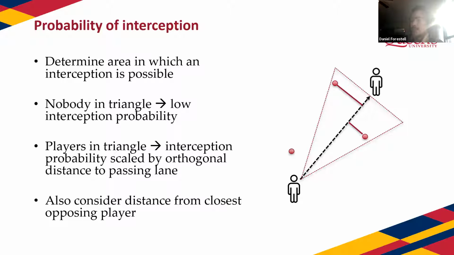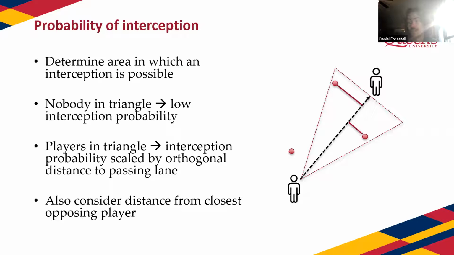And basically said, if there's somebody in that triangle, there's a chance the pass will get picked off. If there's nobody in the triangle, it should be pretty likely that the pass is successful, other than human error on the part of the passer or the receiver. And that was accounted for slightly in our calculations.